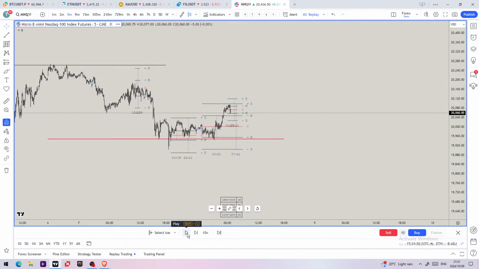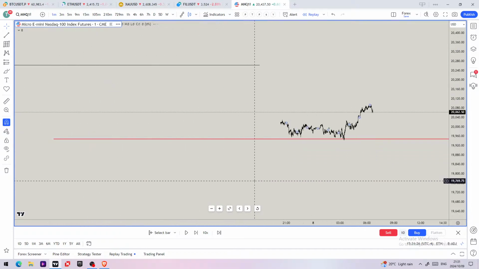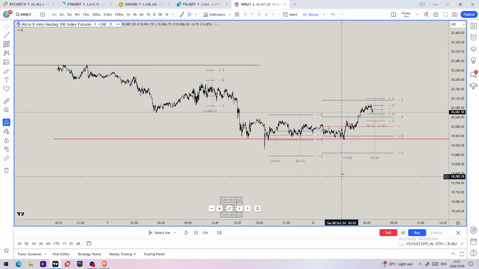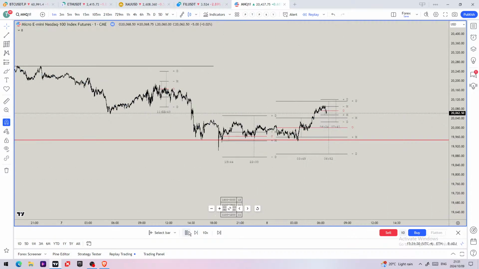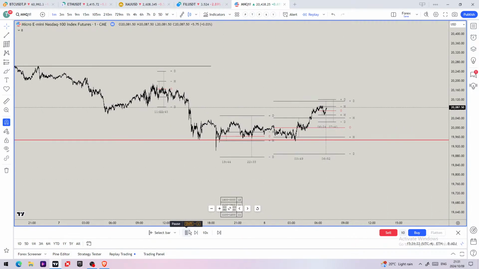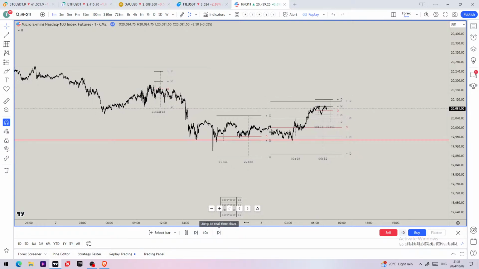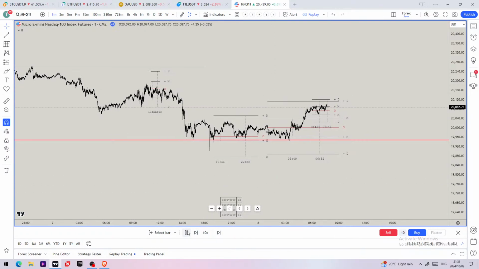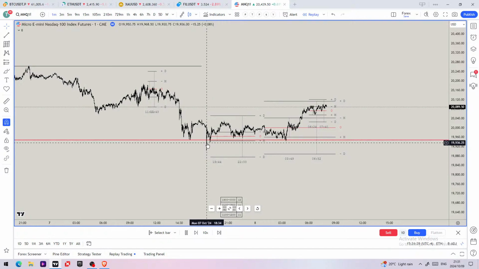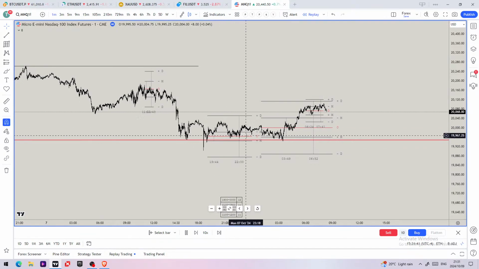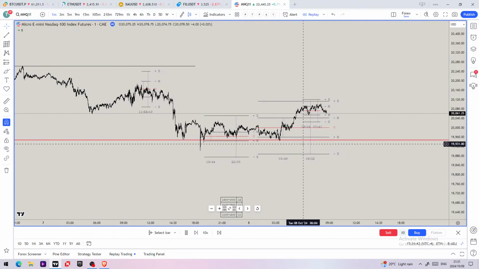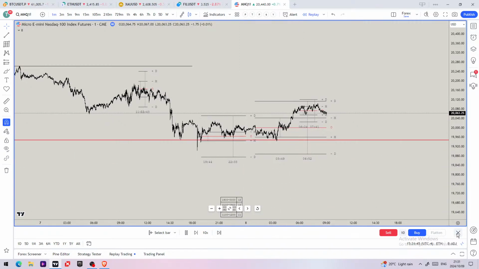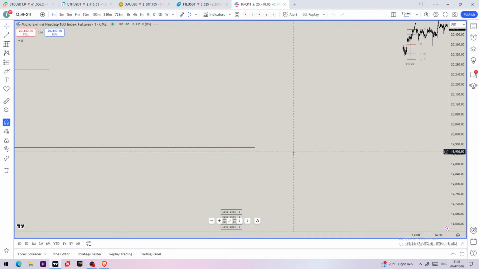You would see that the setup formed at a previous D level in London, and it was a no-brainer, right? We tagged the previous daily low, we accumulated inside here, the setup formed, and off it went. Tagged the previous daily level, it was gone.